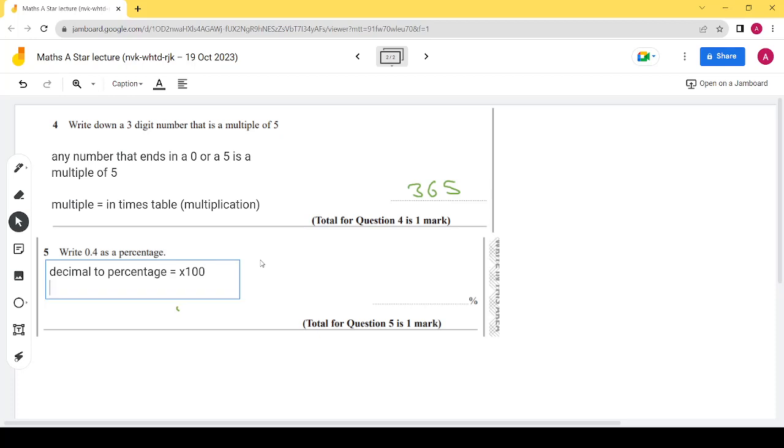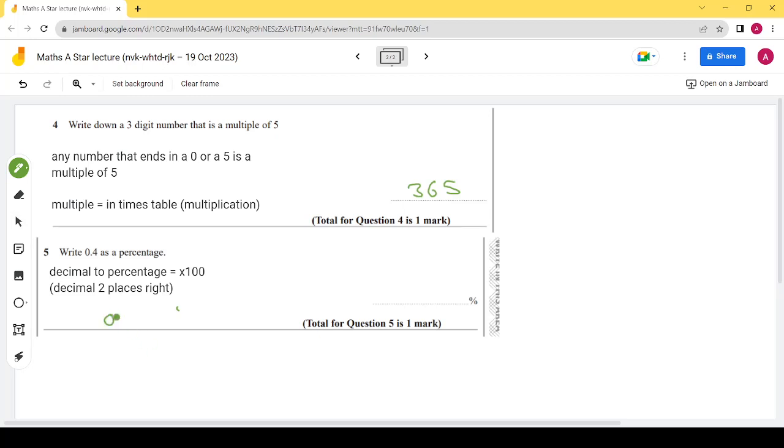Remember, this is a calculator paper. I've been forgetting that for now. You don't necessarily need to use your calculator on these questions, but you could just do times 100 on the calculator. But if you didn't want to, or if it was non-calc for the same question, which it well could be, it means move the decimal 2 places right.